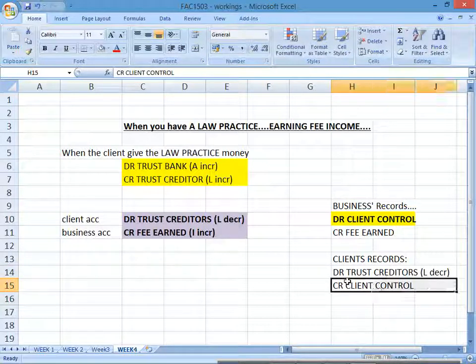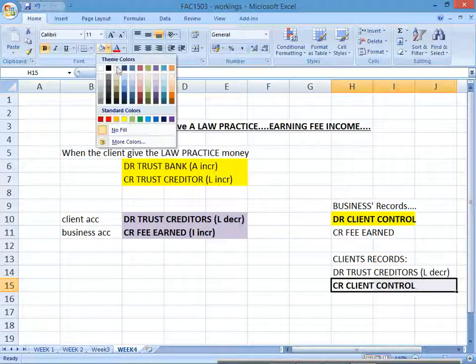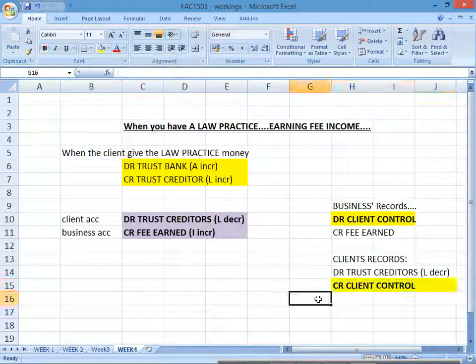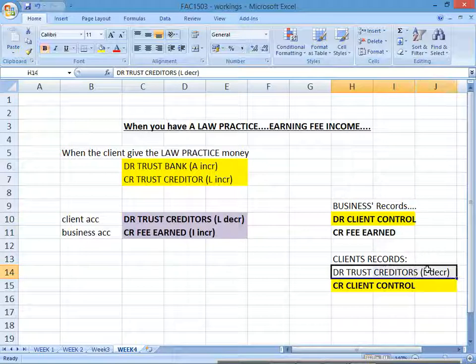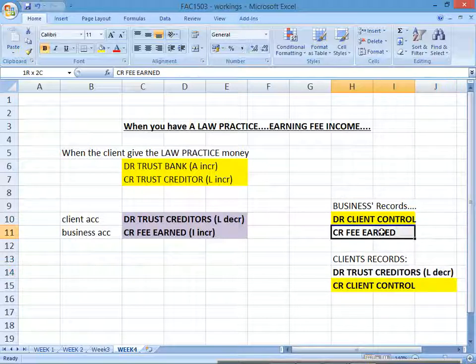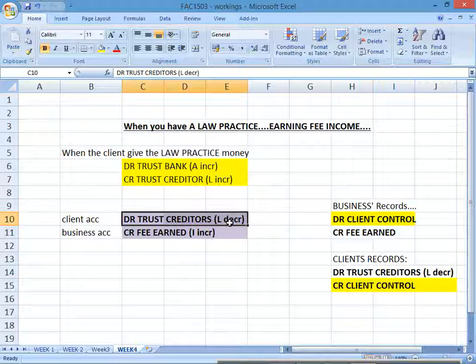Alright, so notice I've debited and credited the client control. Alright, so it actually eliminates itself out and then you land up with this. Okay, because have a look, there's the credit fees earned, there's the debit trust control. Trust creditors, sorry, not control. Okay, trust creditors. Right, so there's the credit, there's the credits. There's the debit, there's the debits.